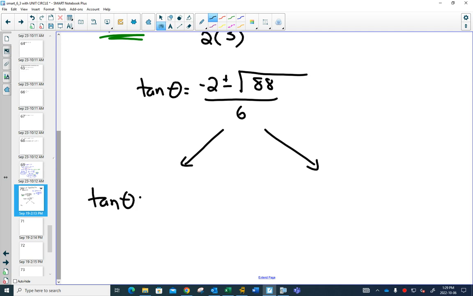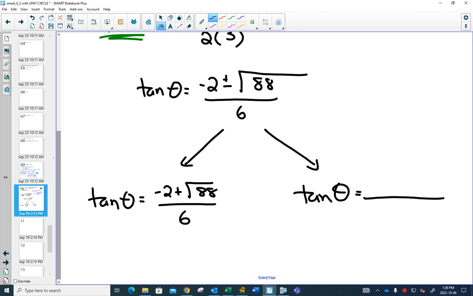One of the equations is with the plus sign, and one of the equations is with the minus sign. And each of these happens to be a number.